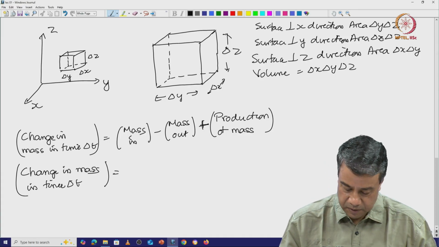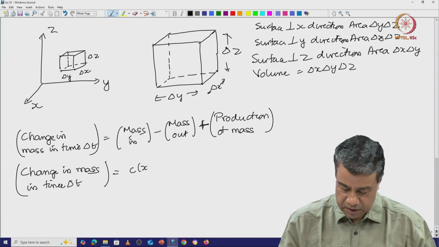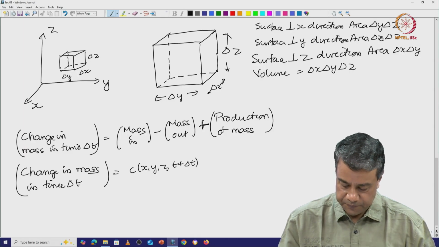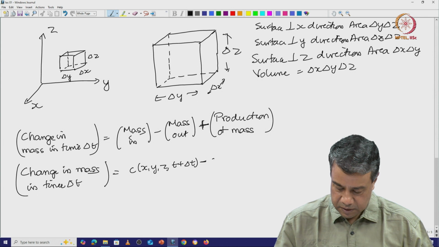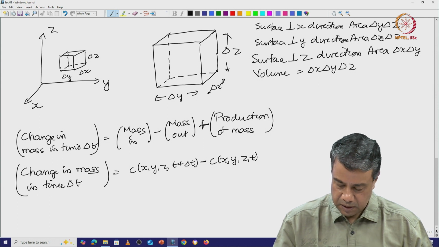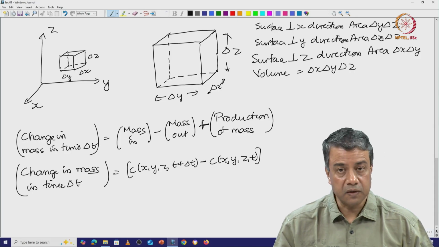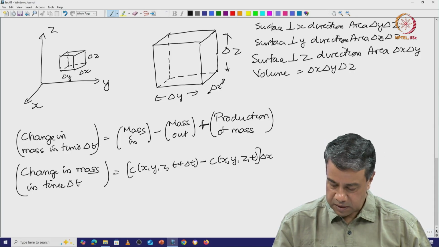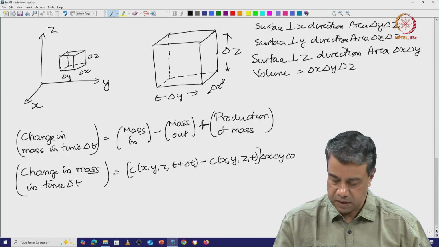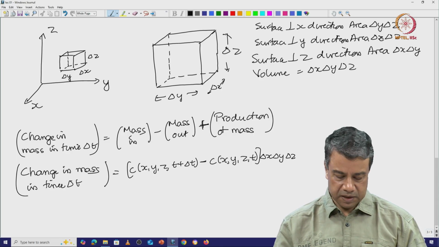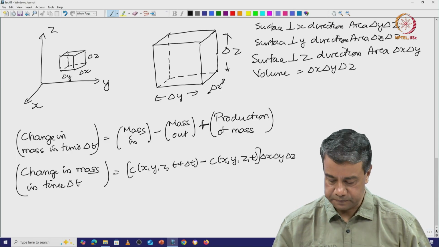So, it is going to be equal to the concentration at x, y, z, t plus delta t minus the concentration at x, y, z, t, times the volume, that is delta x, delta y, delta z. So, that is going to be the change in mass in time delta t.